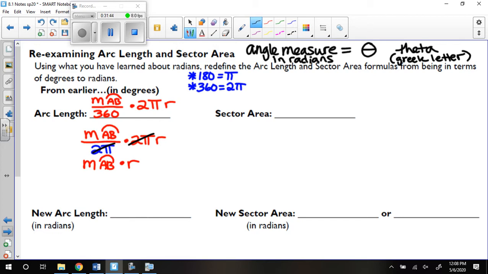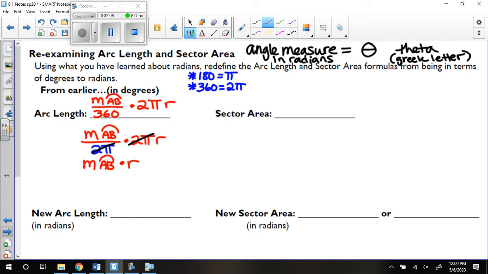Our measure of arc AB, we're going to switch that out with theta because theta represents our angle measure, or in this case, the arc measure. Because remember, central angles and their intercepted arcs are equivalent.